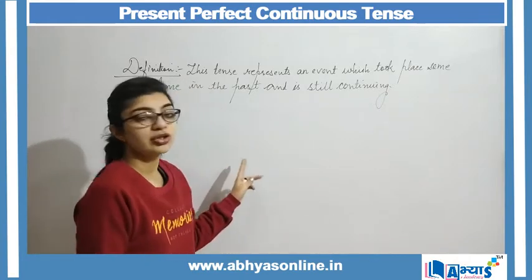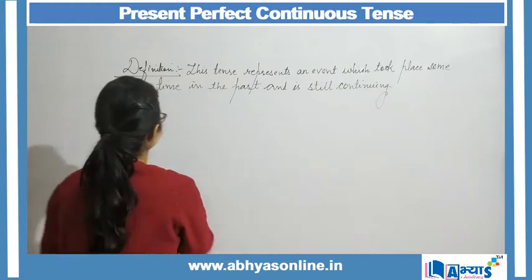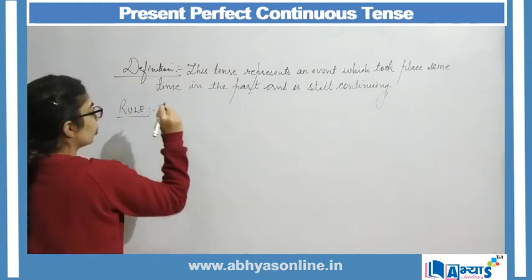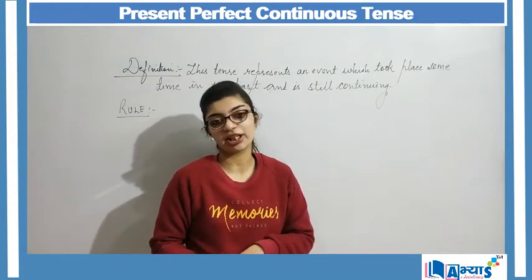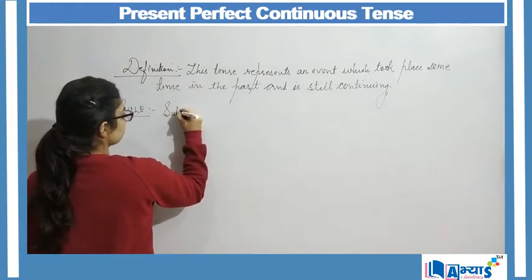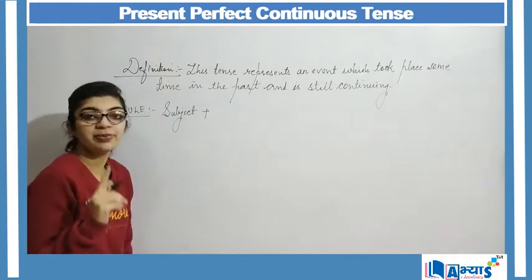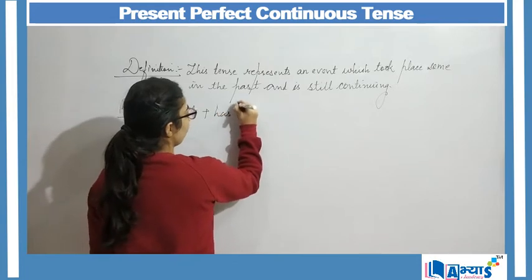The rule to identify present perfect continuous, or you will also say to convert a tense which is in other form to present perfect continuous tense, is subject plus a present perfect tense always has or have.